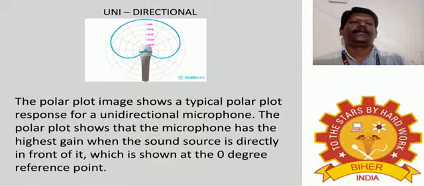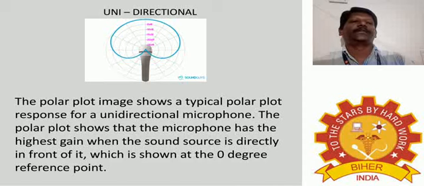Unidirectional. The polar plot image shows a typical polar plot response for a unidirectional microphone. The polar plot shows that the microphone has the highest gain when the sound source is directly in front of it, which is shown at the 0° reference point.